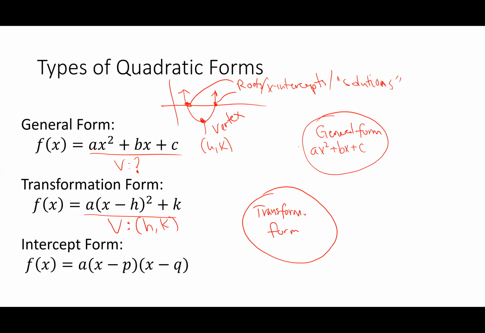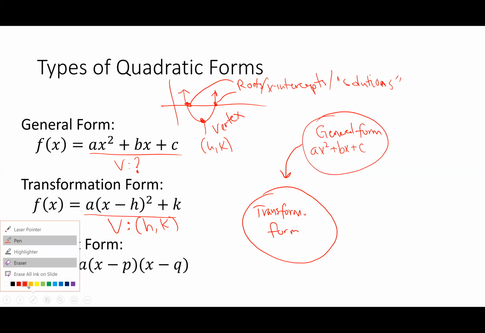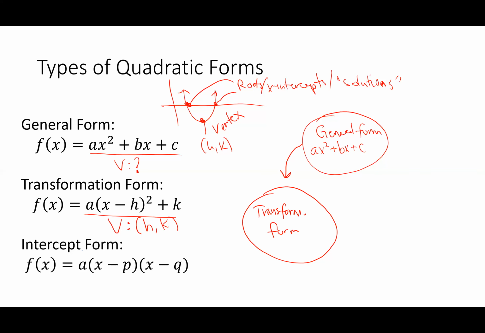The way that we convert from general to transformational form is a technique called completing the square. We're going to complete the square, and that's how we get from general to transformational form.